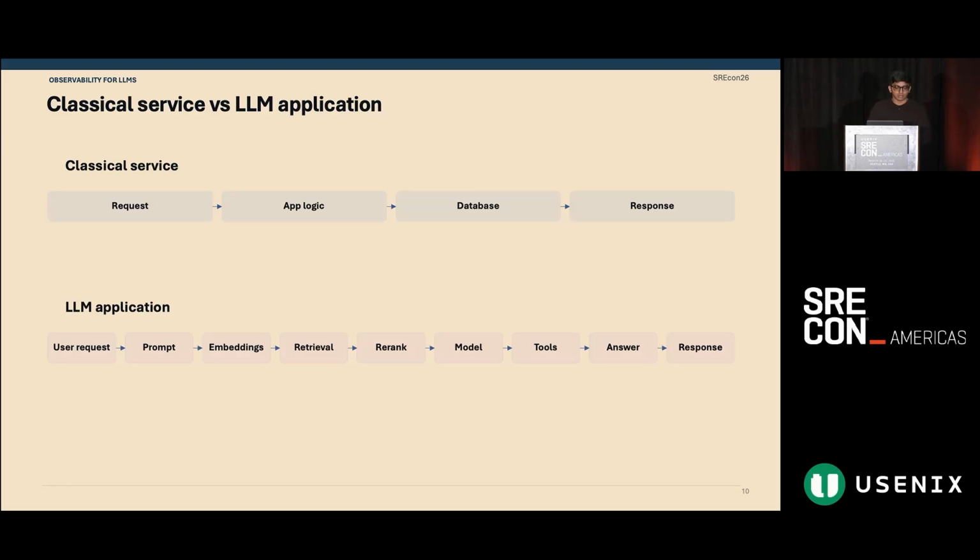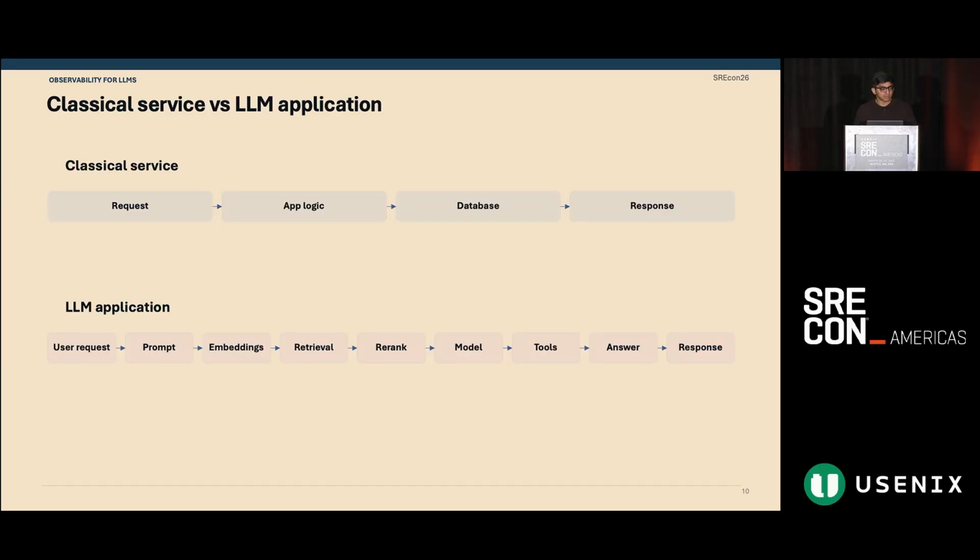So this slide basically shows how a classical service might be arranged. A classical service would be something like: there is a user request, it goes to the backend, and the backend does the application logic, and then that request flows to a database.